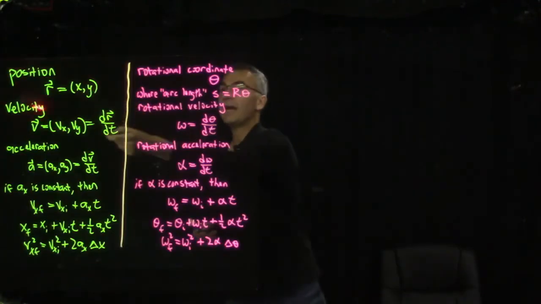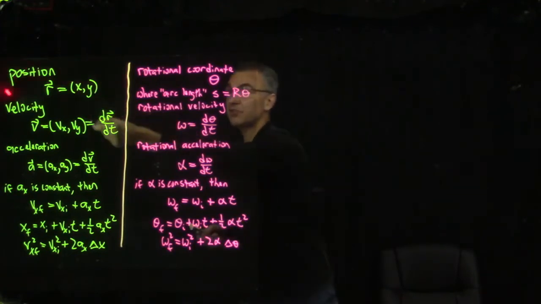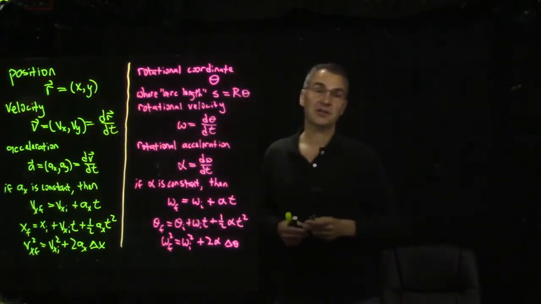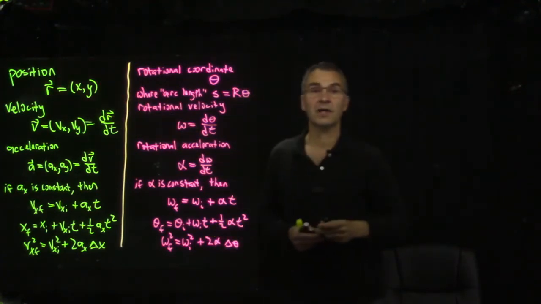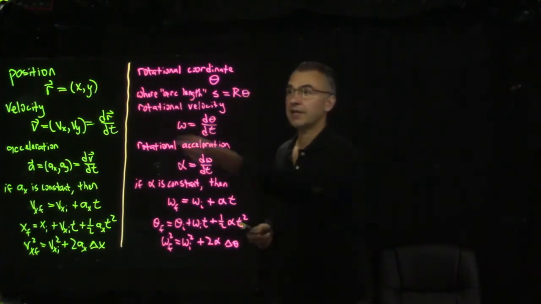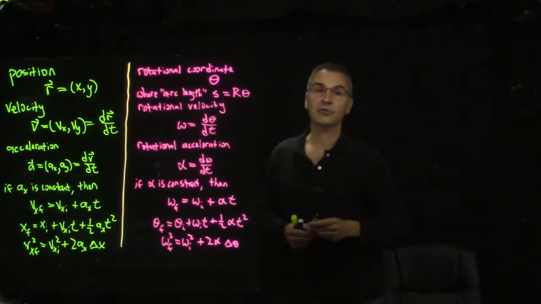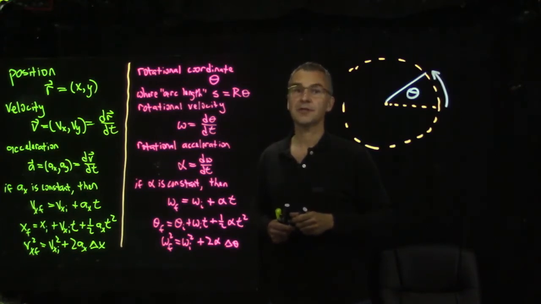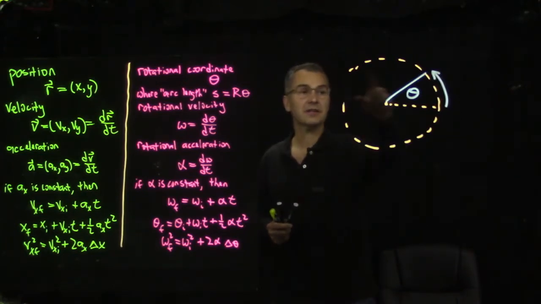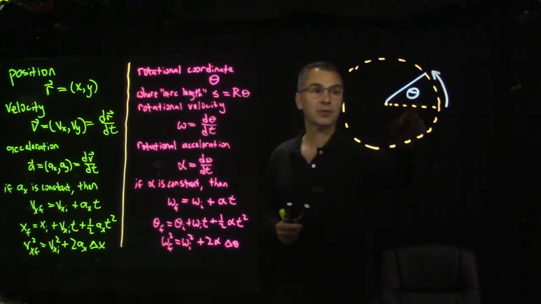We have been measuring where something is with a position, the vector r, which now, since chapter 10, is the ordered pair x, y that lies in a plane. So we have an x coordinate and a y coordinate. In chapter 11, we've introduced a rotational coordinate theta, which is how far in angle, with angle measured in radians, we've gone from some starting point to some ending point.